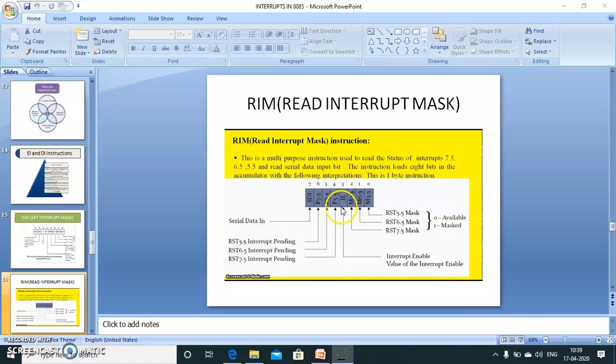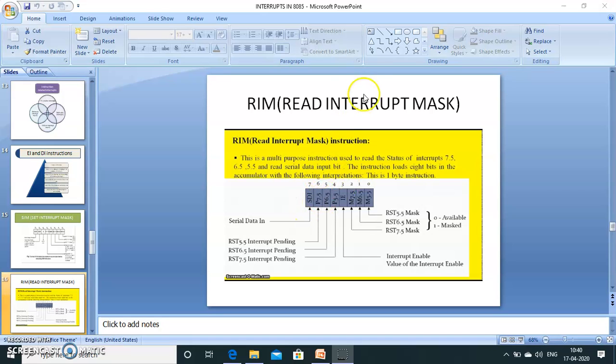If an interrupt service is going on and at that time any one of the interrupts occurs, it becomes a pending interrupt, and the bit corresponding to that interrupt is 1.